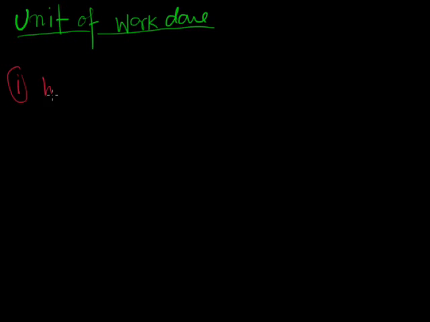Hello students. Today we are going to discuss the units of work in different systems. Unit of work done. We know that work is equal to force into displacement. The unit of force is Newton. Displacement is meter.